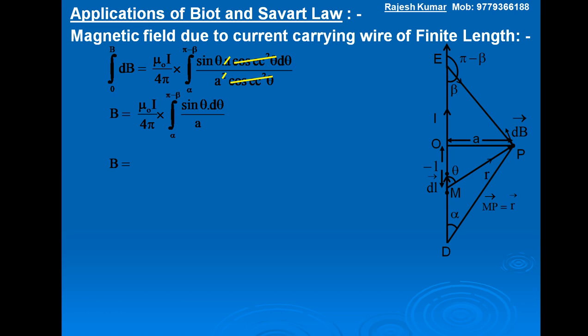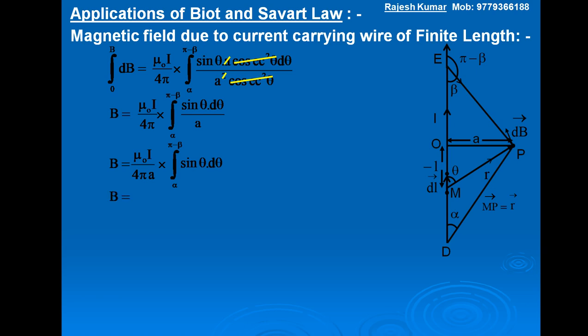Now within the integration, a is constant and we can take it out. So we get B is equal to mu naught I upon 4 pi a into integration from alpha to pi minus beta of sin theta with respect to theta.